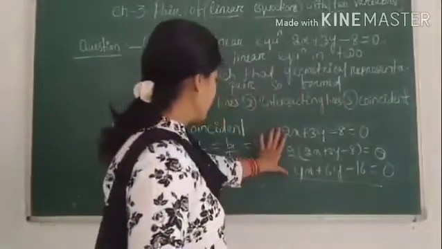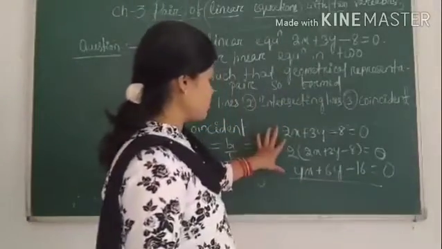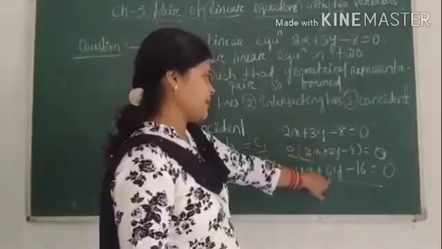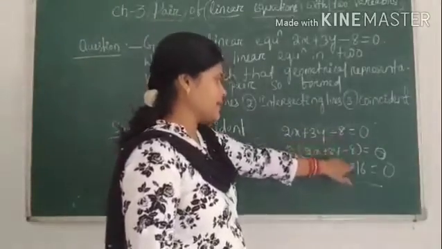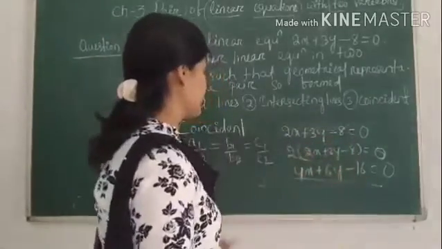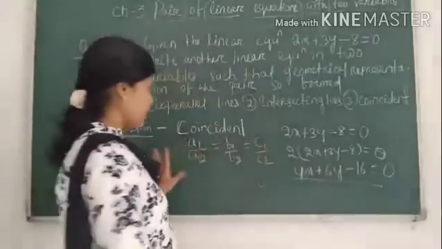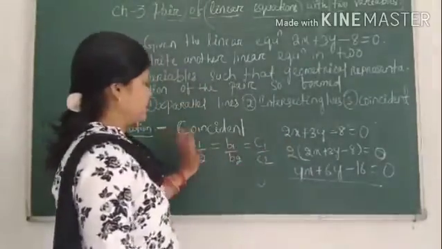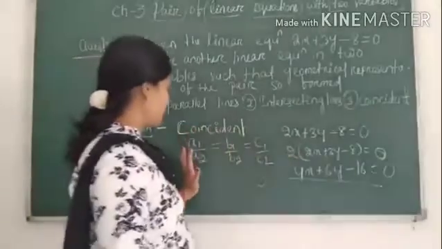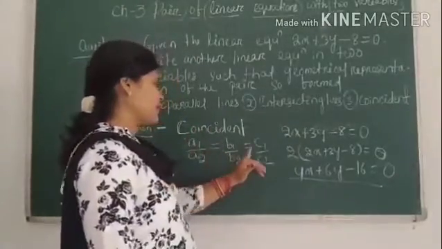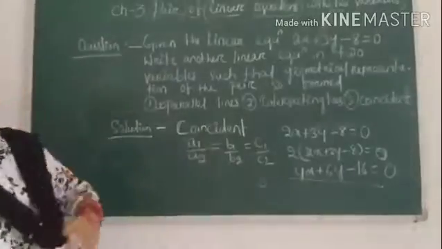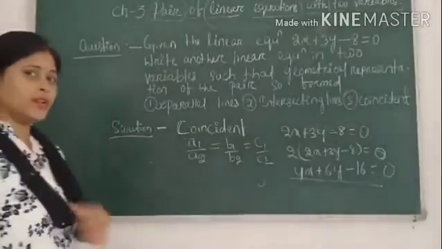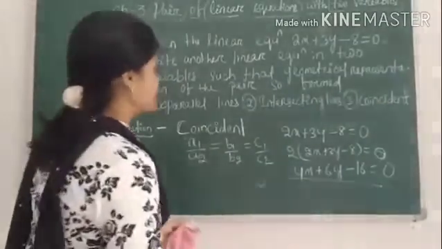Then find out A1 by A2, 2 by 4 half, 3 by 6 half, minus that 8 by 16 half. So all of them are equal. You are getting A1 by A2 is equal to B1 by B2 is equal to C1 by C2. Understood? Hope you understood this one.